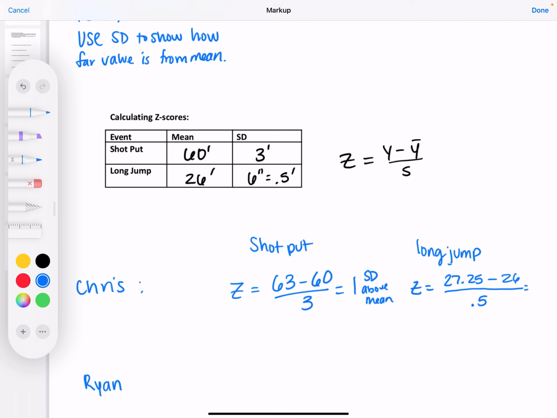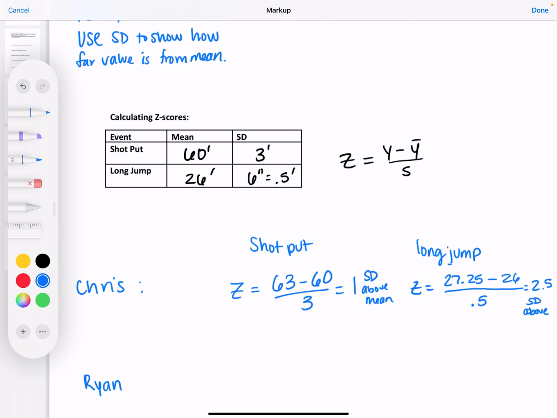Well, it shouldn't be negative. 27.25 minus 26 should be 1.25 divided by 0.5. I got 2.5. Okay, yes, that's right. I'm kind of stupid, but here we are. Hey, this is the time to make the mistakes, right?